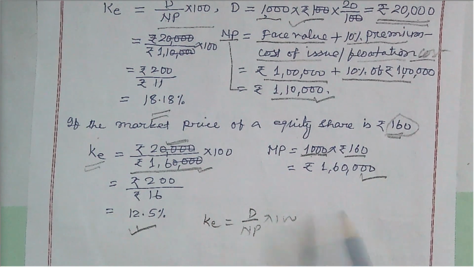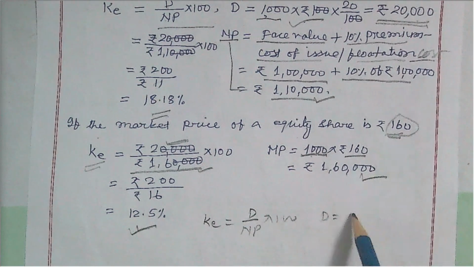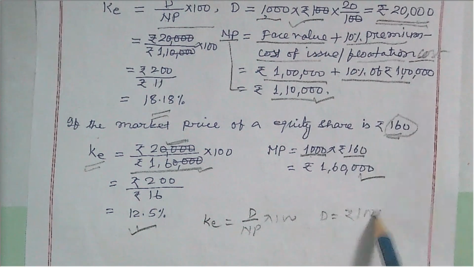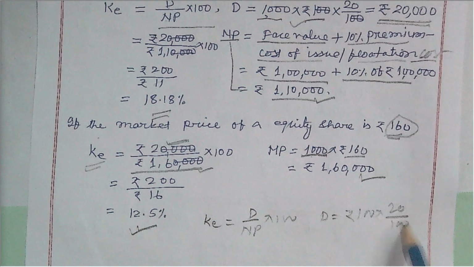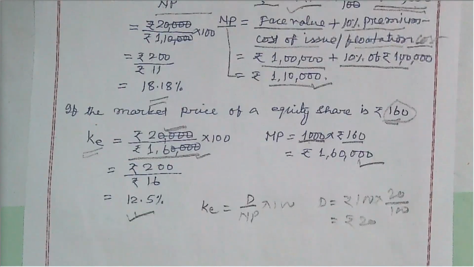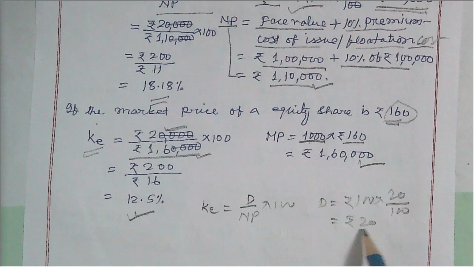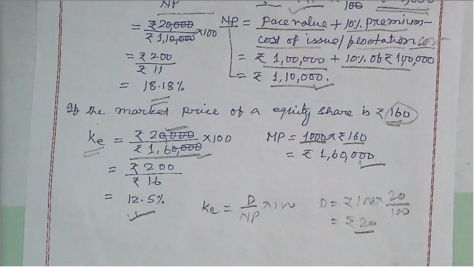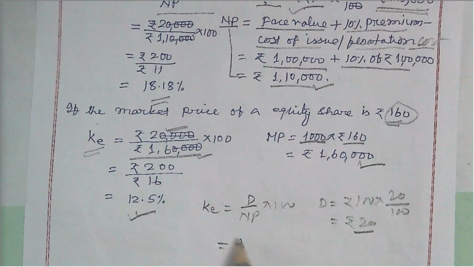So the dividend in this case: face value is 100 and the rate of dividend given in the question is 20%, so rupees 20. On one share the company is giving 20 rupees dividend, so D is 20 rupees.